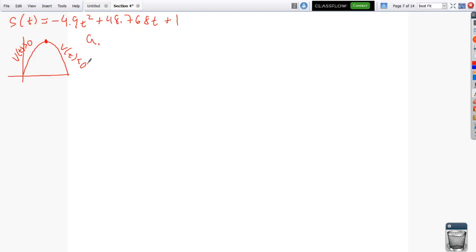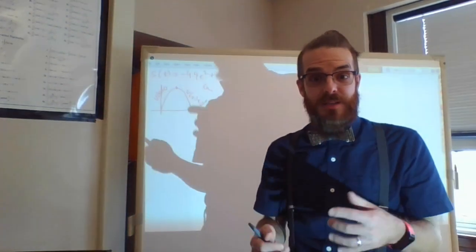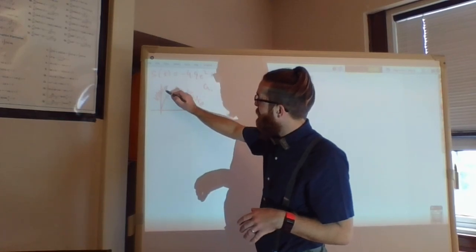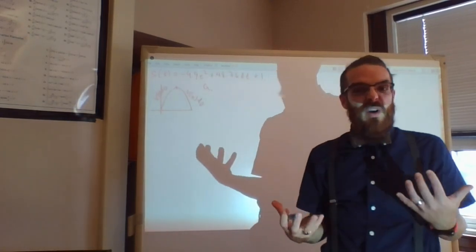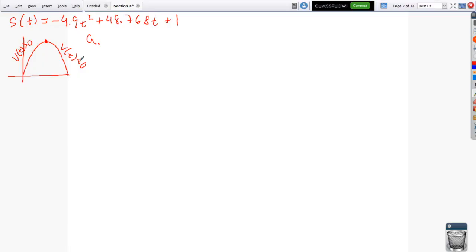So what I really want to find out is, when is the velocity between negative and positive? And if you saw how I wrote positive and negative over here, you would recognize what number is in between positive and negative. And that number is 0. If only I can find the velocity equation and set it equal to 0, then all of a sudden I can find out when the rock got to its highest point.